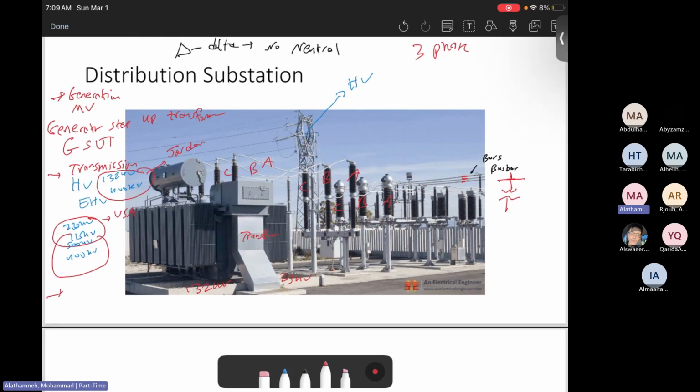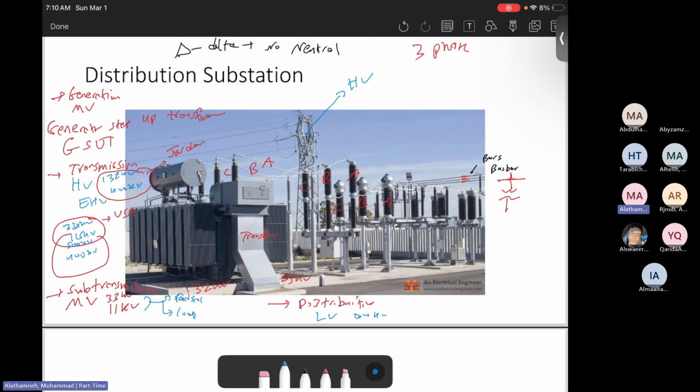Then the next thing is subtransmission, which is based on medium voltage. Medium voltage can be 33 kilovolts or 11 kilovolts. And we mentioned that subtransmission can be either radial or loop. Then the last thing is distribution, where we have low voltage, which is 0.4 kilovolts.